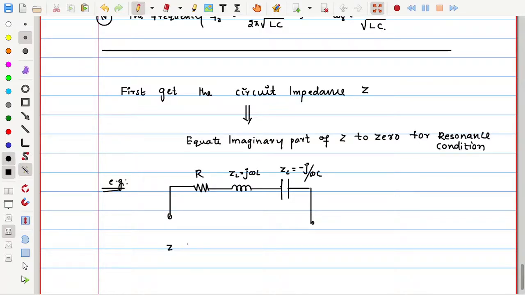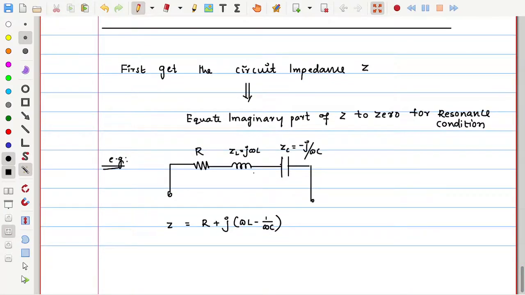The total impedance is equal to R plus j into omega L minus 1 by omega C. I got the total circuit impedance in this way. Now what is the imaginary part in this? Imaginary part is this portion.